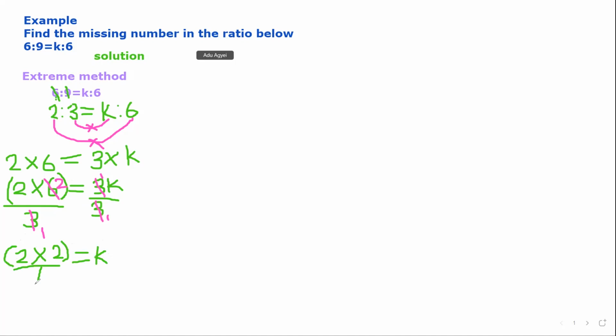Now 2 times 2 is 4 over 1, which is equal to k. Good. And 4 over 1 is the same as 4. So 4 is equal to what? K. Or k is equal to 4. They are the same. Good.